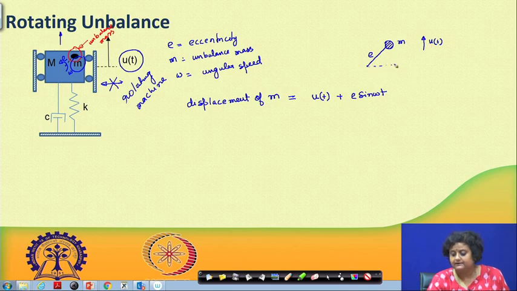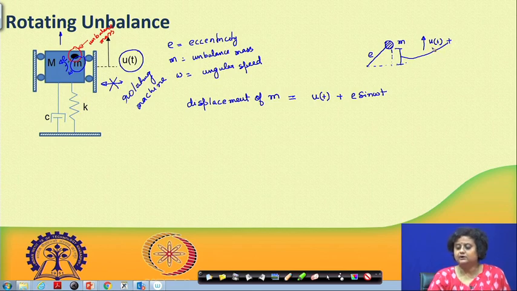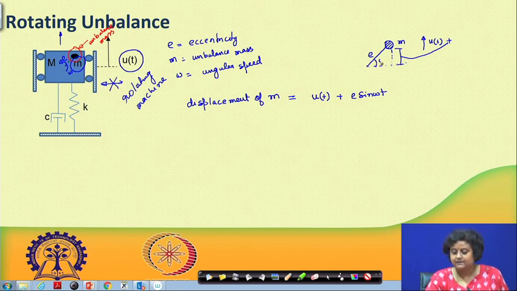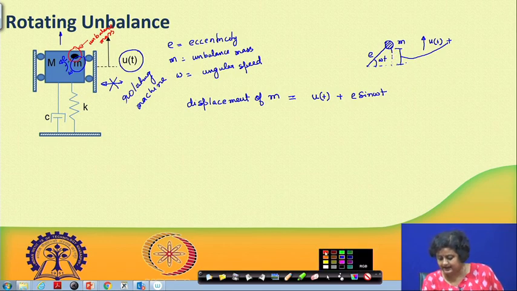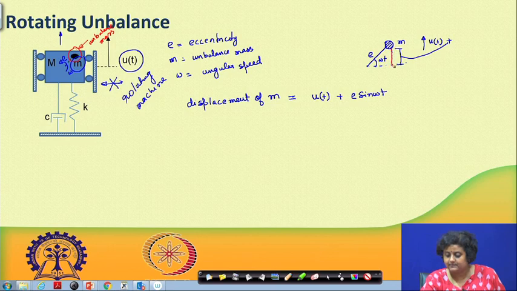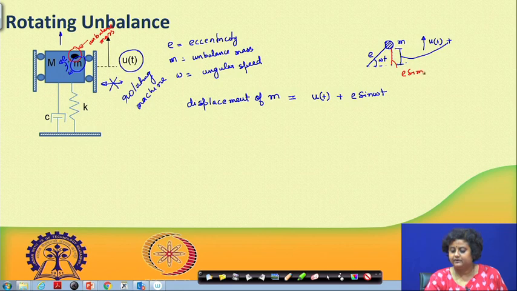Apart from the vertical displacement, it is also going to have a displacement of this amount, which should be added to the vertical displacement. So, what is this amount? In time t, if omega is its angular speed, it must have travelled an angle of omega t, and therefore this distance that I am coloring with red ink is nothing but e sin omega t.